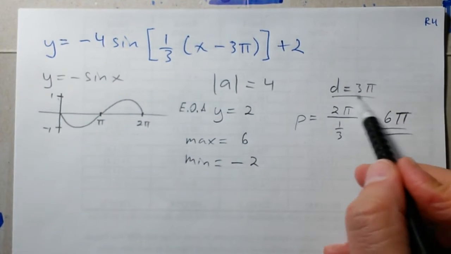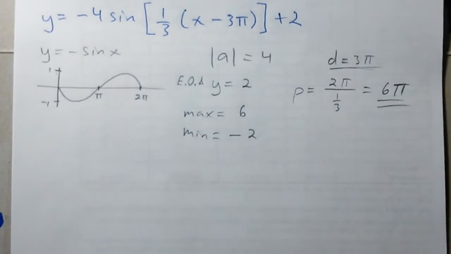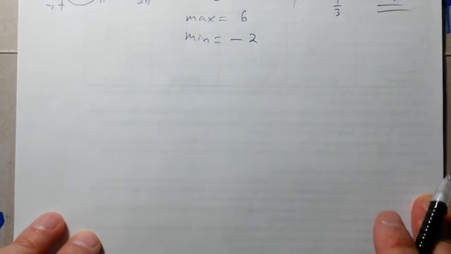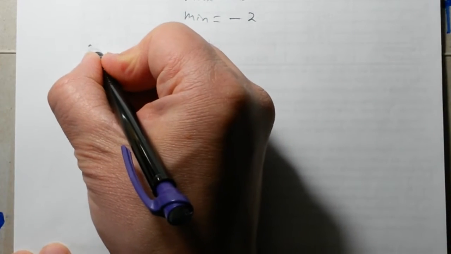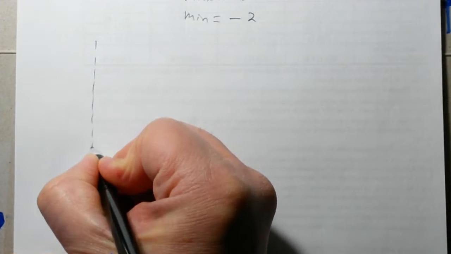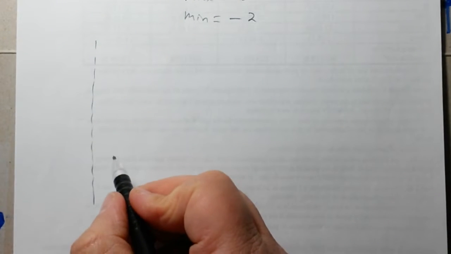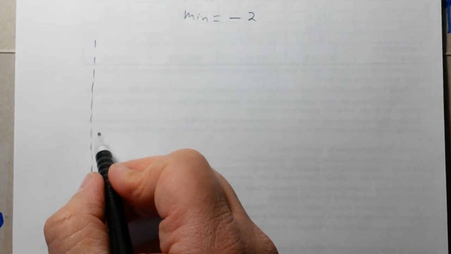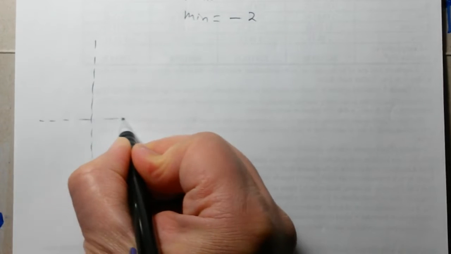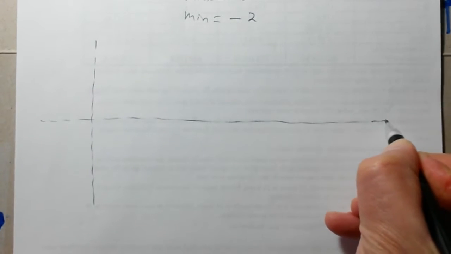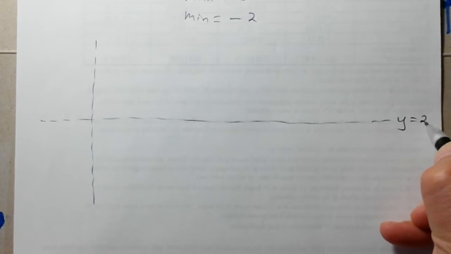Now we're going to start here at 3 pi. So let's sketch that here. This is going to be our 3 pi, and our equation of axes will be 2. So let's sketch that here as well, and label it y equals 2.